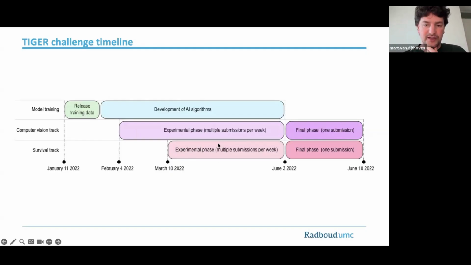And here participants could upload multiple Dockers multiple times per week to basically fine-tune their model as a validation phase. And then in the end, you had the final phase for each track, and then the participants were only allowed to choose one of the Dockers they made, and we would run their algorithm only one time, and that would then be the final answer, basically.